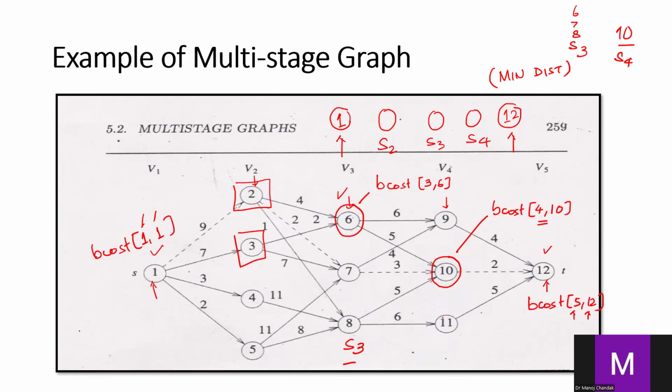If you look at another vertex, 11, then 11 can be reached from stage 3 only using vertex 8. And in this way, we will keep on computing the distances using the minimum distances and finding out the best path to travel between source and destination.